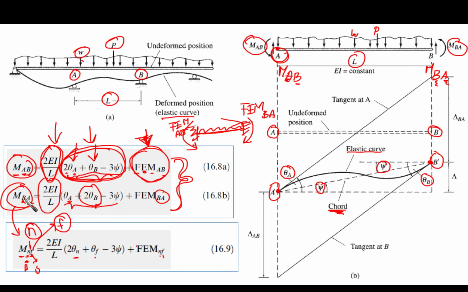Here the near is B, because we are talking about the moment here, and the far is going to be the point A. So it is going to be MNF or MBA, and you apply N and F, which are B and A. So it is B here, multiplied by 2, which is the near, and A, which is the far one, multiplied by 1, and minus 3 psi, and the fixed end moment is going to be NF, which is BA, right?